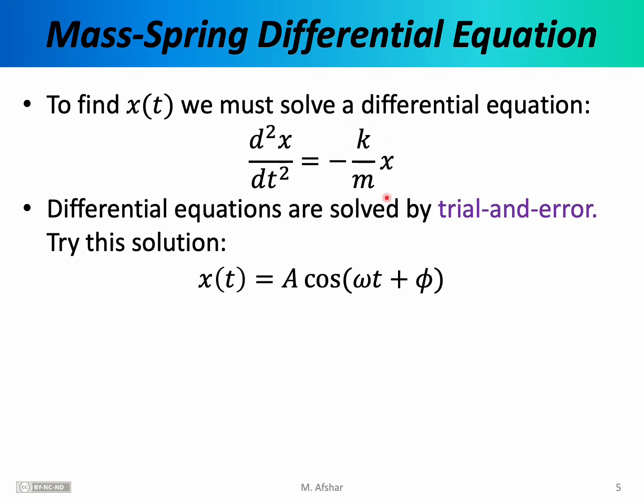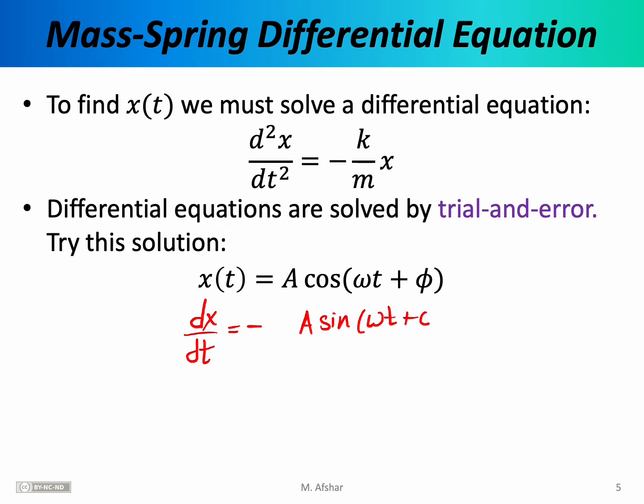To better understand what omega, a, and phi are, let's take this function and differentiate it. So if I take the first derivative of x with respect to t, what I'll get is minus a sine of omega t plus phi.